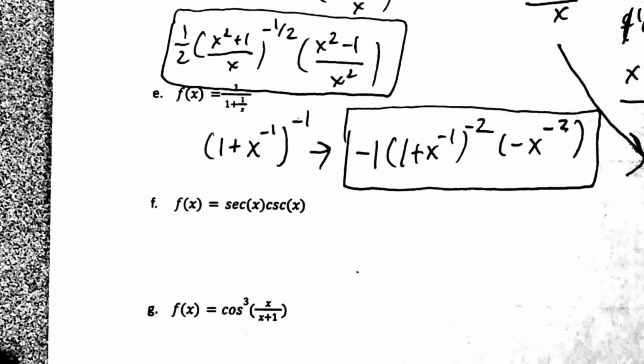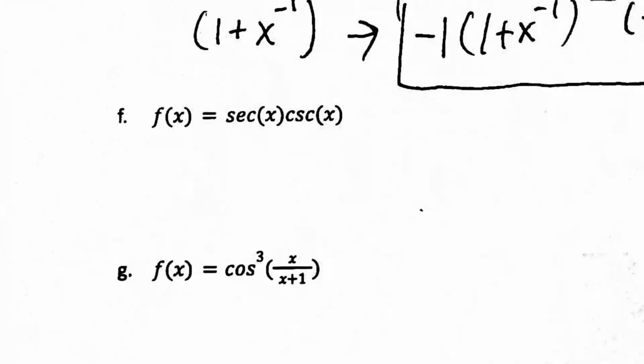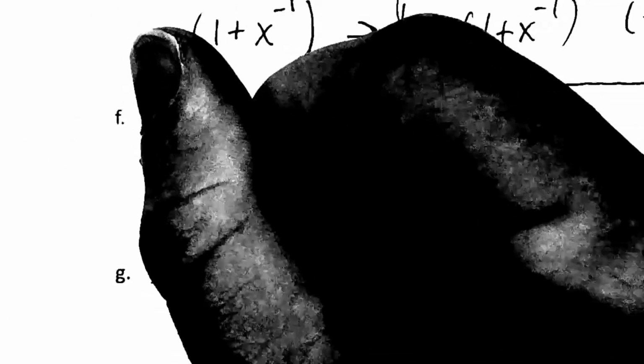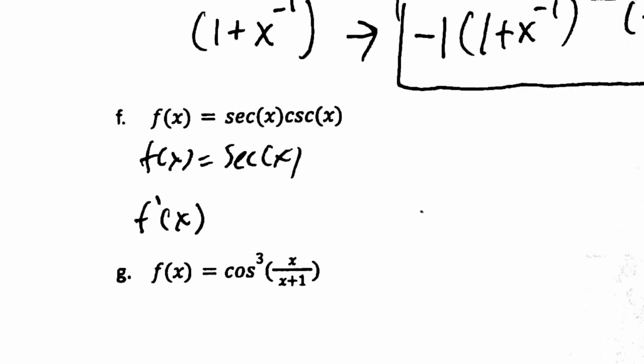Next one, secant x, cosecant x. So for this one, we're going to have a product rule again. You can see multiplication. Secant x times cosecant x. We have an f of x here and a g of x here. So let's do it. F of x equals secant x. The derivative of secant x, again, you should be working on this, is secant x tan x.